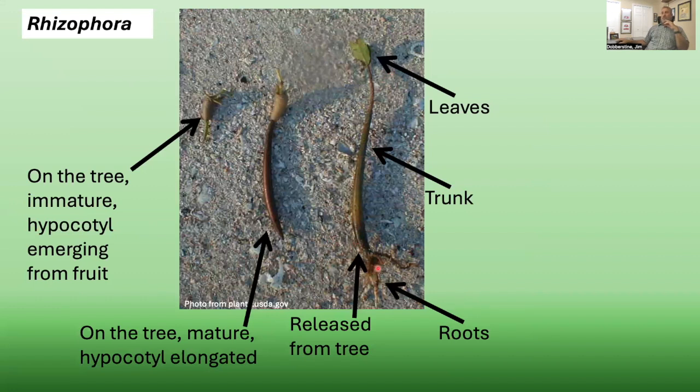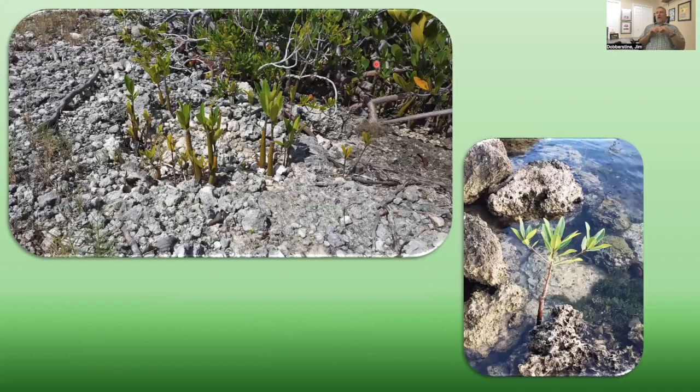And this is where it would have found good conditions and it'll start to root in. This portion is going to turn into the trunk and then leaves will sprout from where the top of the fruit would have. And so here's an example of those once they found those conditions and they're starting to anchor themselves and form a stand of red mangrove.